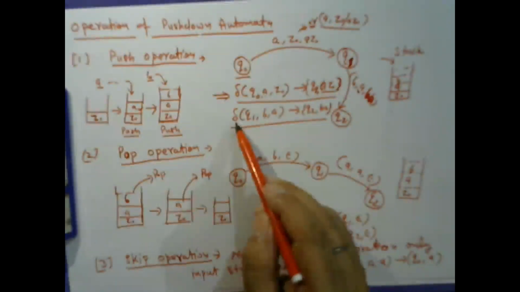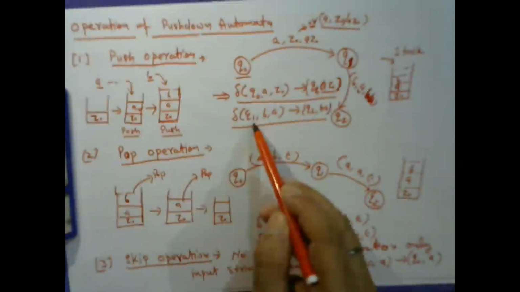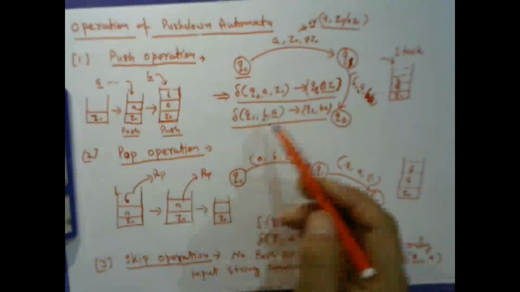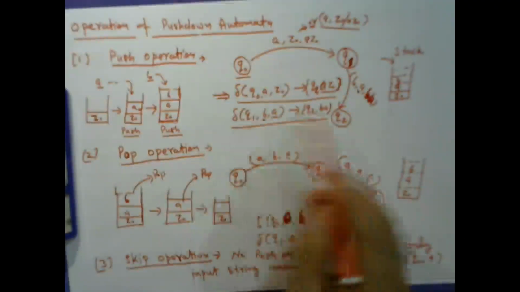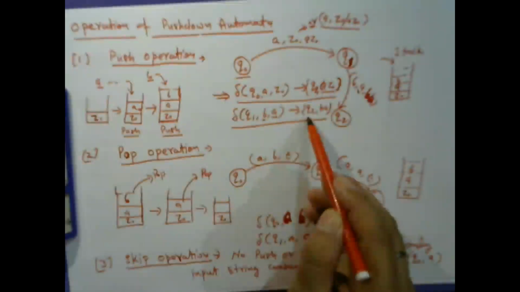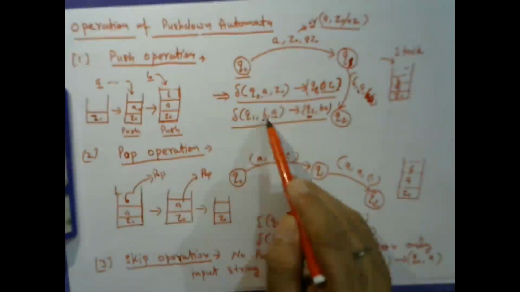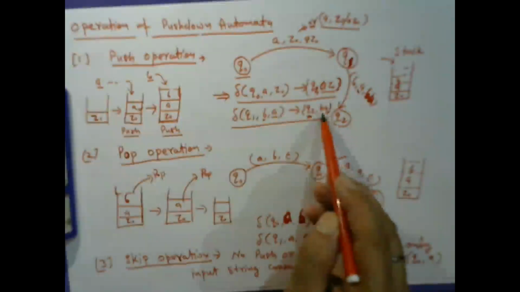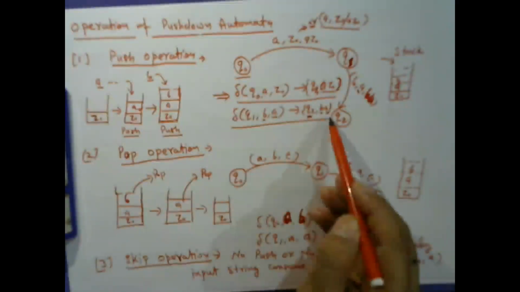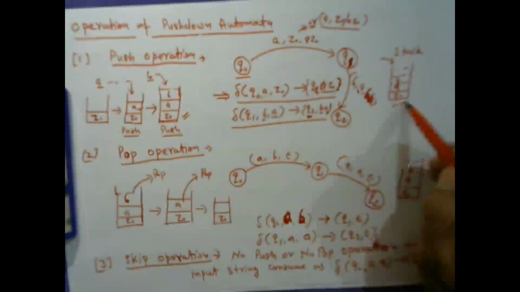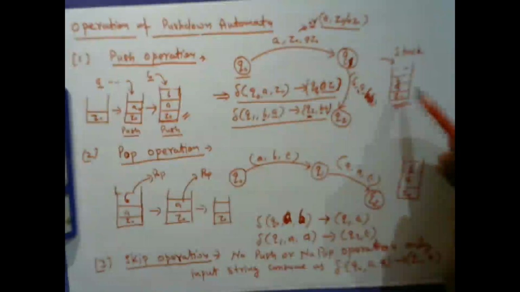Delta of Q1, input symbol B, and top of the stack A. With the push operation, we go to the Q2 state, and the operation is B A: A is already there, and B is the current symbol inserted into the stack. Then you get the final inputs inserted into the stack.